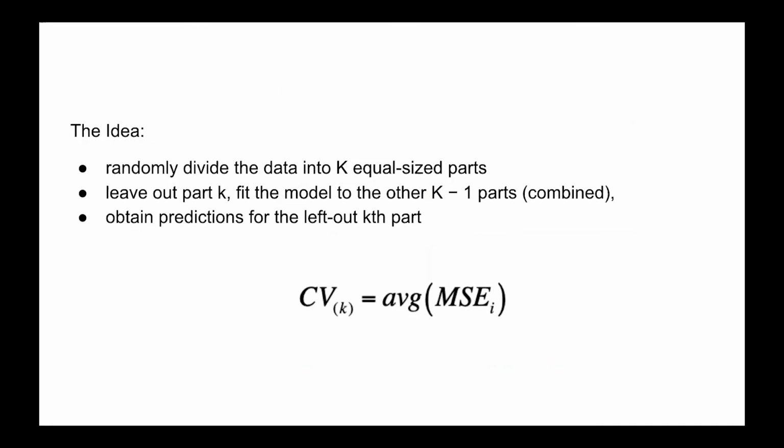By the end, you take the average of the mean squared error values, and that gives you the cross-validation error. Same as before, you compare the cross-validation errors and pick the one with the smallest.